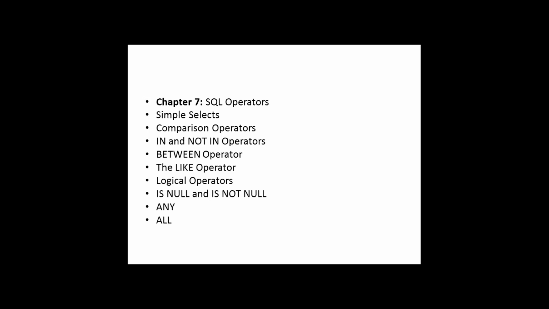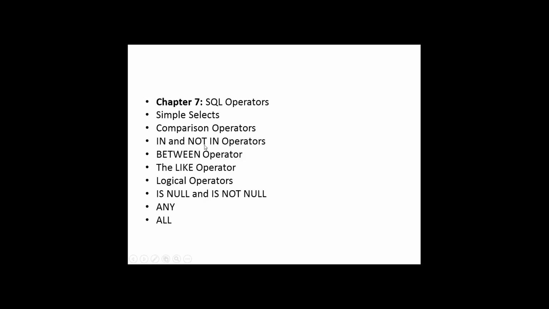Not in works the same way: if I don't want those selected values and want the whole information from the table other than these two values, then we use the not in operator.